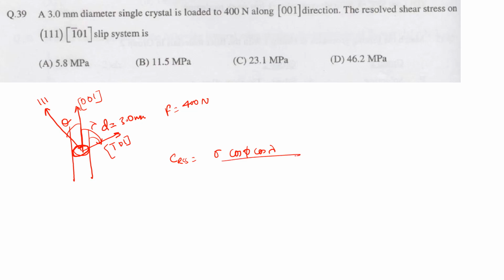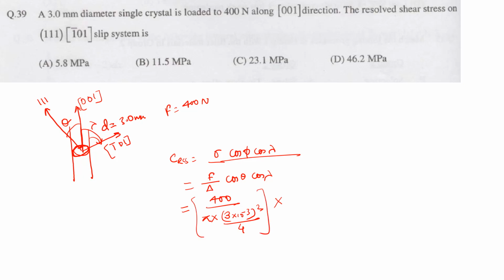So let us find this cos theta and cos lambda, and this sigma we can find by force by area, right? So F is nothing but 400 and area will be equal to pi d square by 4. So pi into d, d is 3 mm, so 3 into 10 power minus 3 squared by 4. So this is giving you the stress, okay?